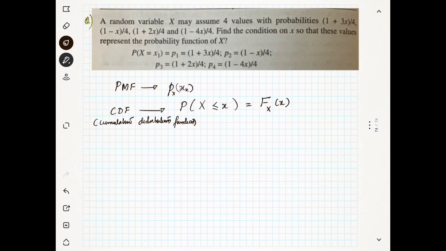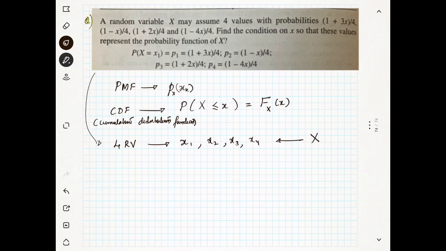We can see there are 4 random variables in the question. That means it is a countable, finite number of random variables, so it is a discrete distribution. We have x1 as one random variable, then x2, x3, and x4.